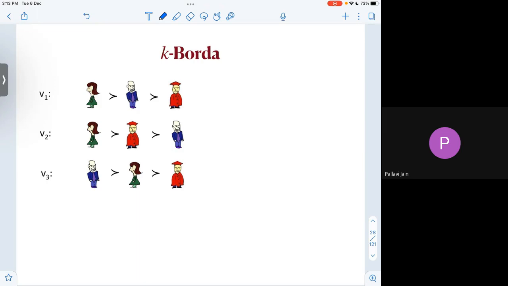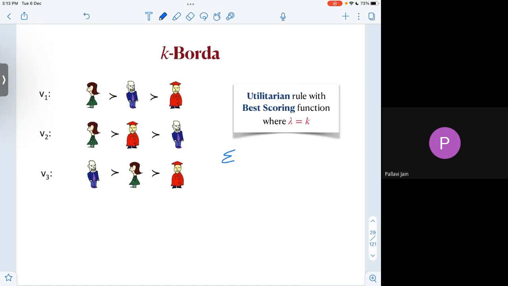So this is the definition. Let's try to understand the definition once again. We had summation v belongs to V, and then let's say S is my committee.